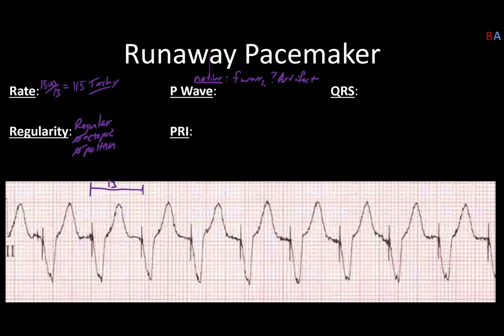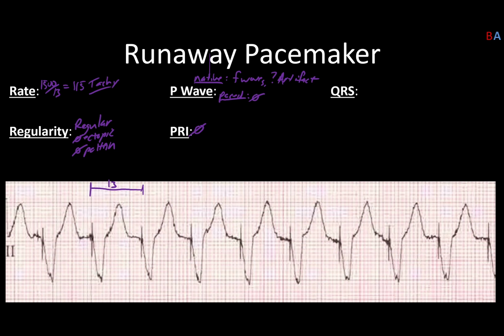Very difficult to tell on this strip, but we could assume that that might be something. In terms of P waves that are paced, we don't have any. We only have a single pacemaker spike creating each QRS. There's no indication that there's another spike causing P waves. So we can call that nothing for the PRI.